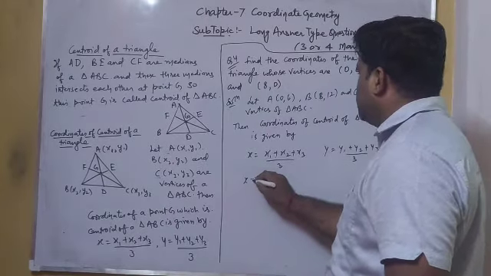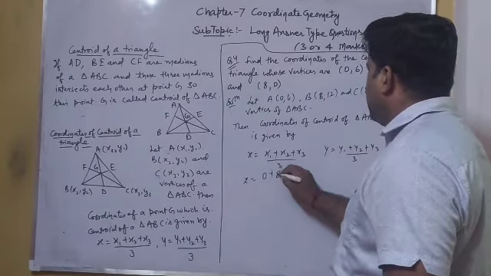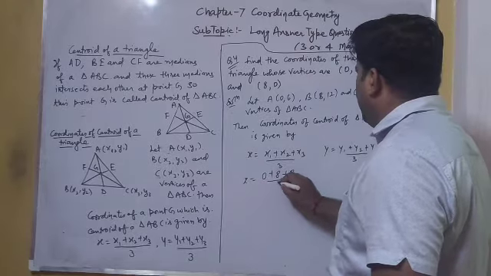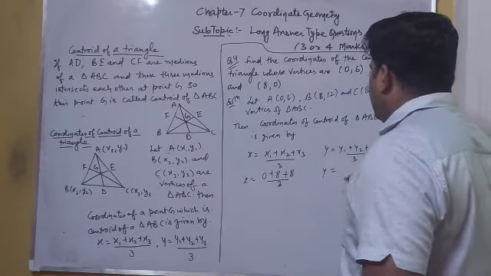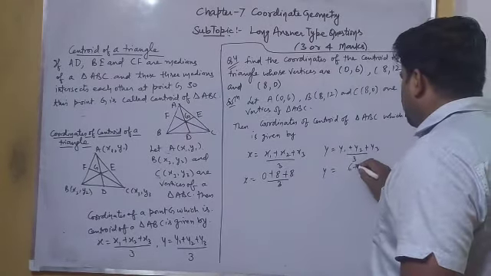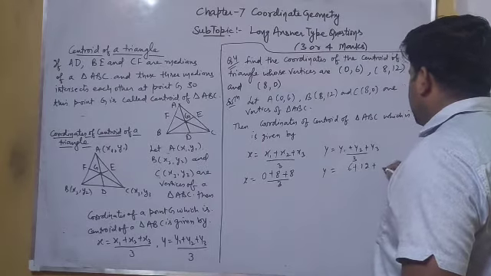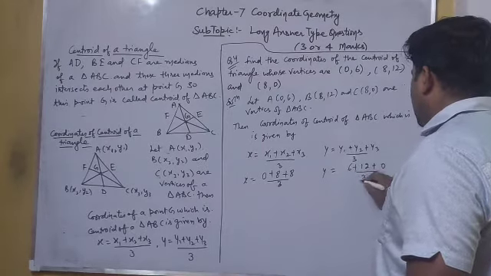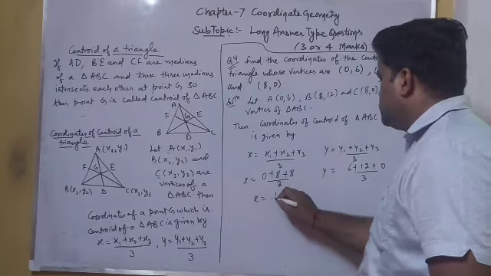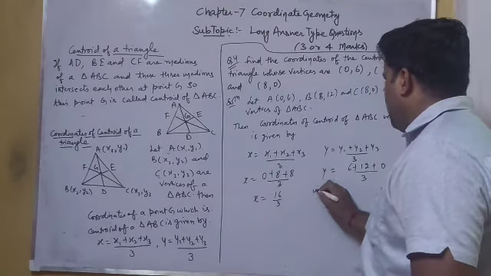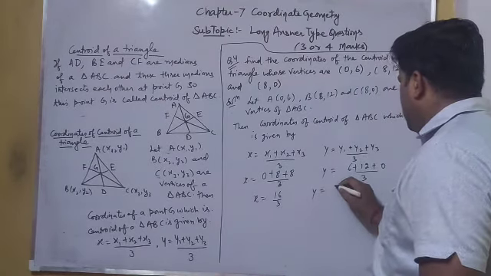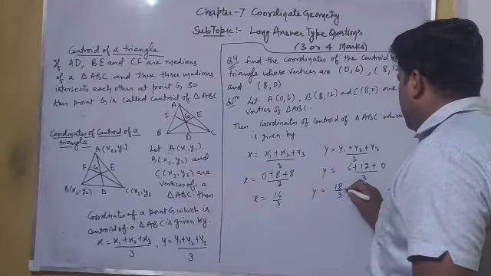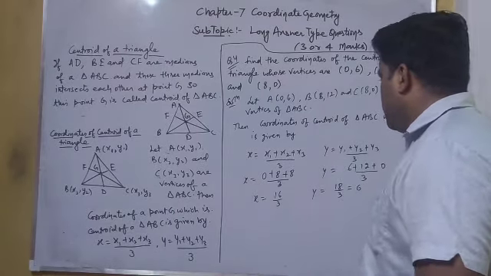So x is 0 plus 8 plus 8 upon 3 and y is equal to 6 plus 12 plus 0 upon 3. So we get x equal to 16 upon 3 and y equal to 18 upon 3, which is equal to 6.